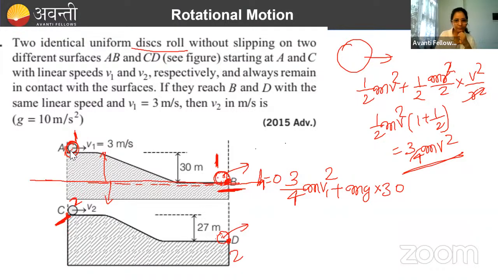You are saying about 27 meters. हाँ 30 के लिए, 30 तो पॉजिटिव लेंगे ना, क्योंकि रेफरेंस लाइन डेटम लाइन इज दिस ना. So this is the reference line. Whatever is above it will be taken as positive. Whatever is below it will be taken as negative. So this A point is above this line ना. So this height will be taken as positive.